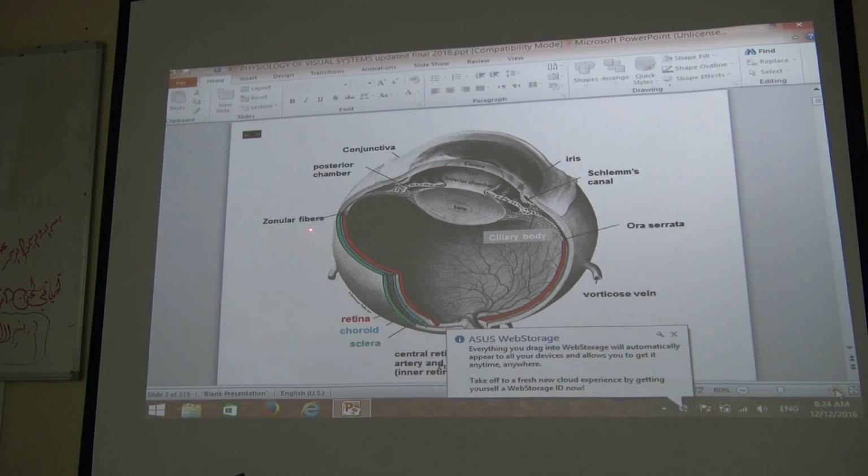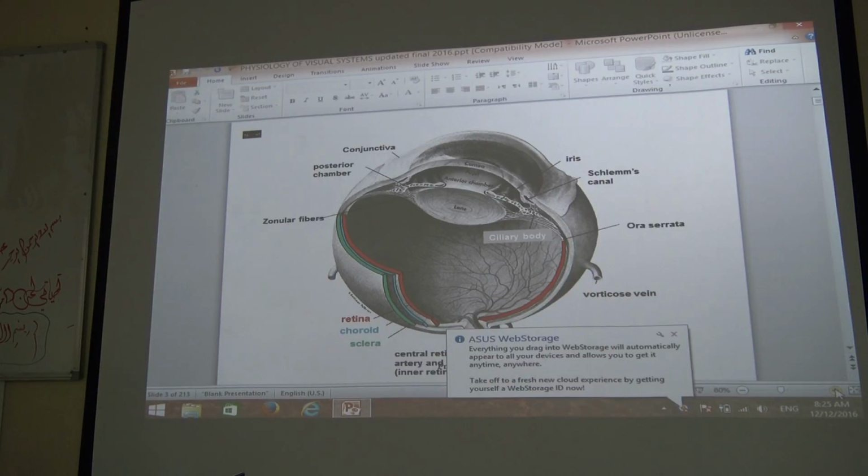First, the optical system, including the avascular structures, avascular cornea and lens, and fluids like aqueous humor and vitreous body. All these are transparent and making as an ocular system, optical system.